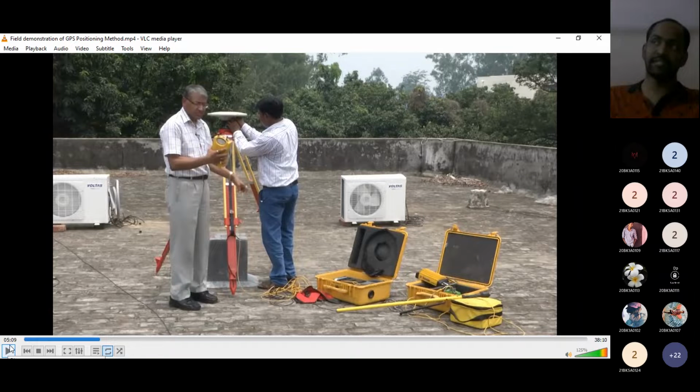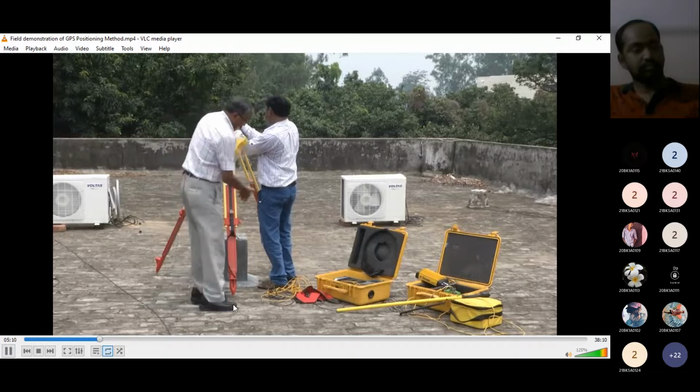In our laboratory also we have such antennas and GPS receivers. In the next semester we will perform experiments on GPS surveying. Now we will see what devices will be used for GPS survey and how to work with them.